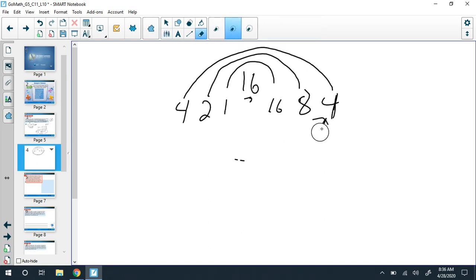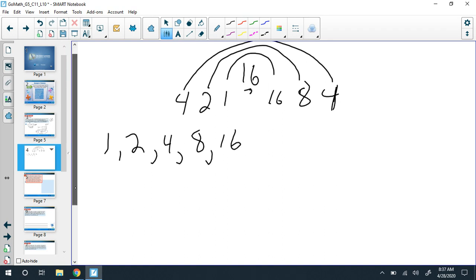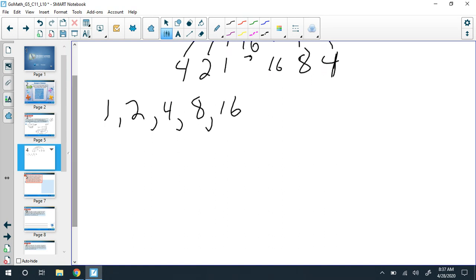So here we are. We have the factors 1, 2, we only need to list the 4 one time, 8, and 16. So I know that these 5 different numbers can be multiplied together to equal 16. So I'm going to go back to my formula and say that base area times height is going to equal 16, right?